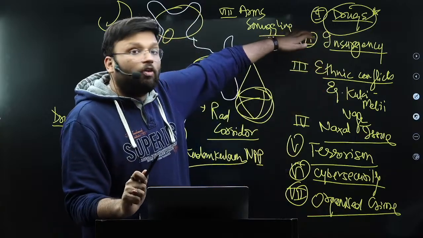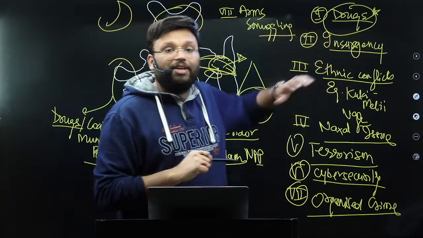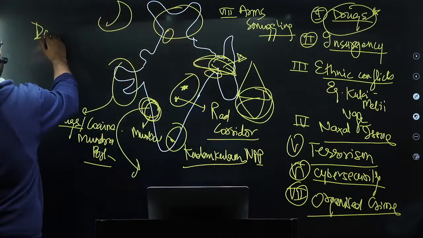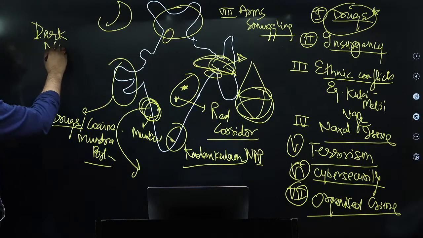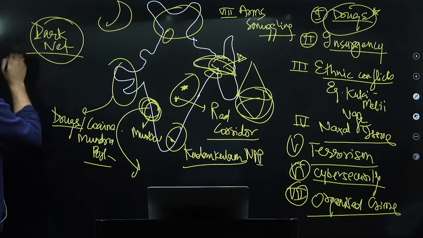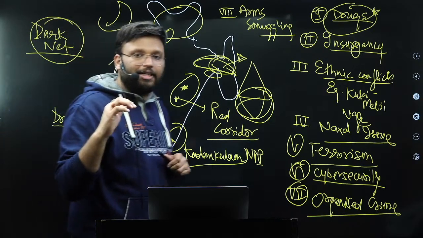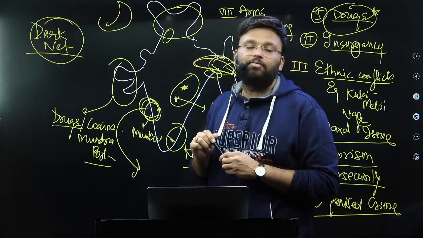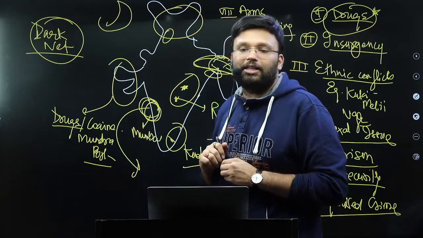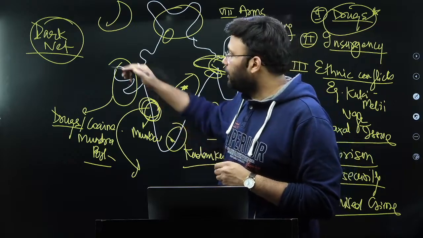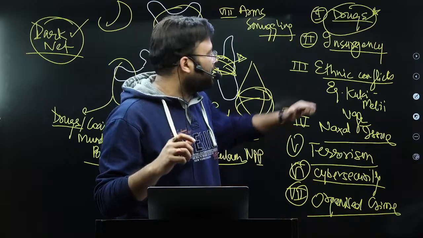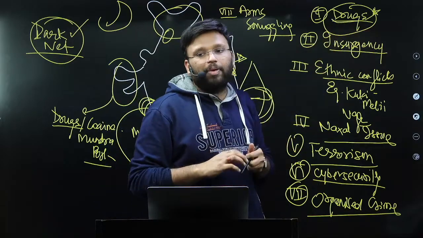But what are the kind of challenges that we are seeing? There is a concept called dark net. What is dark net? Dark net is that part of the media, social media, which is not under the regulation of government. Through darknet and certain social media portals, certain drugs are being sold.